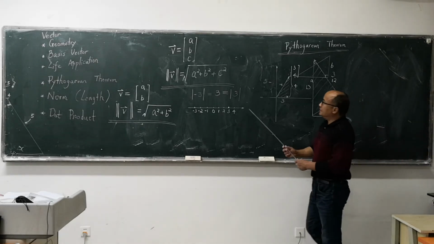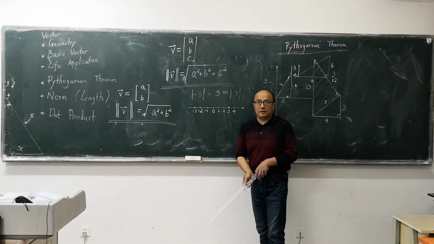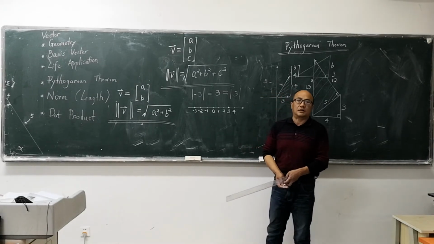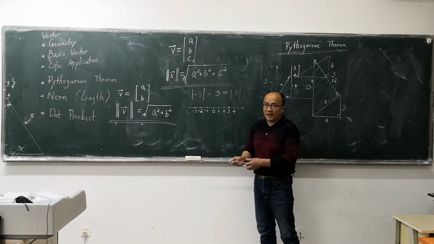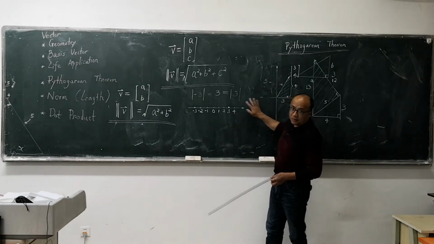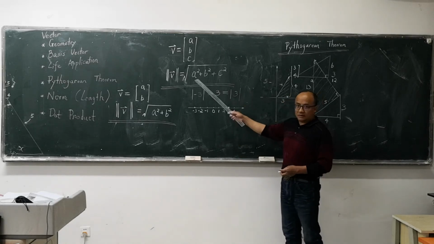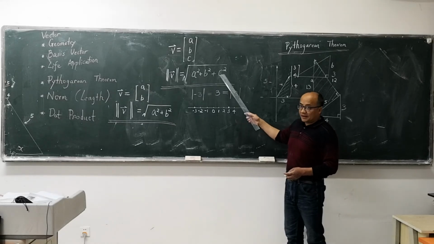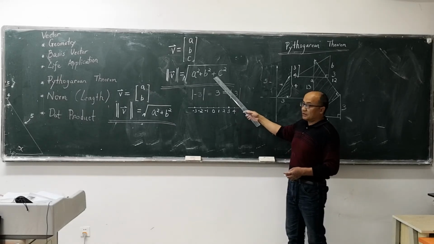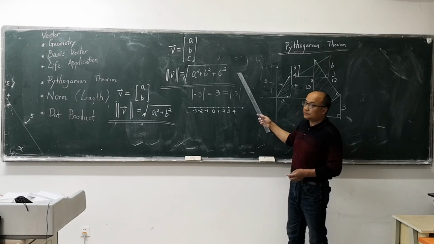So even though 80% of the time in this class we are talking about only 2 dimension, which is flat, you should realize everything can be applied to 3 dimension or 4 dimension.